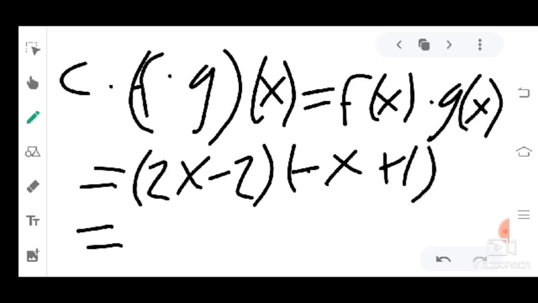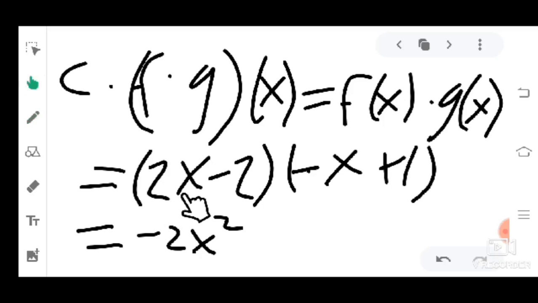If you will combine this, you will use the FOIL method, so you will multiply the first terms, so you will have negative 2x squared.